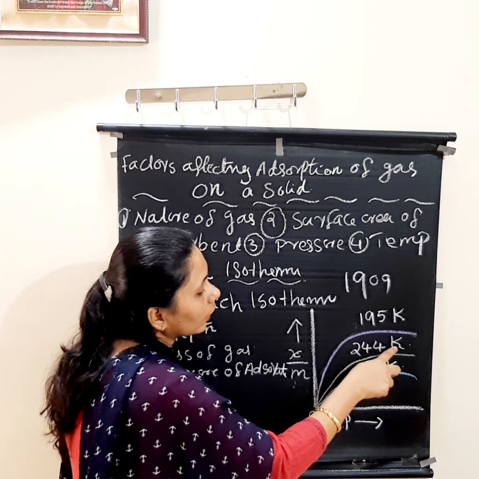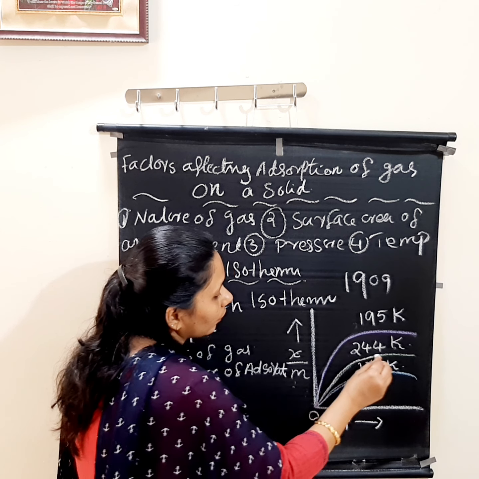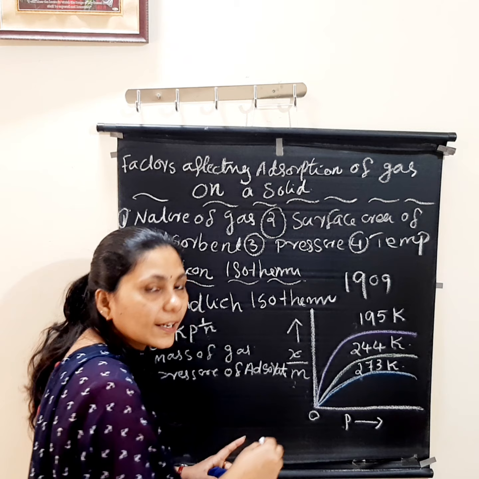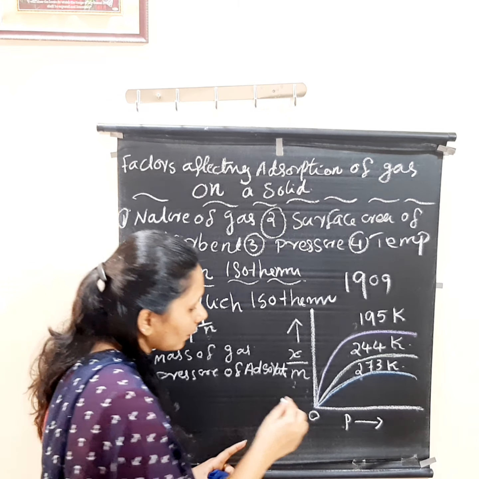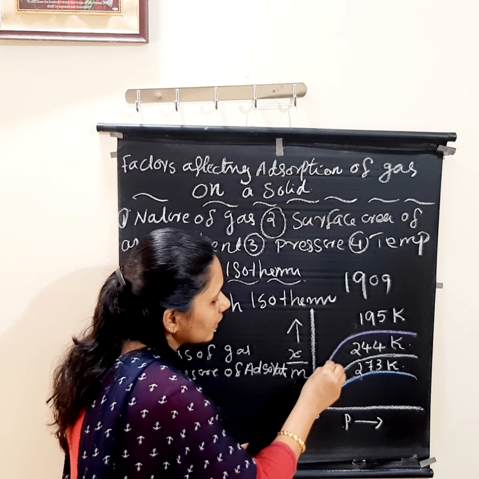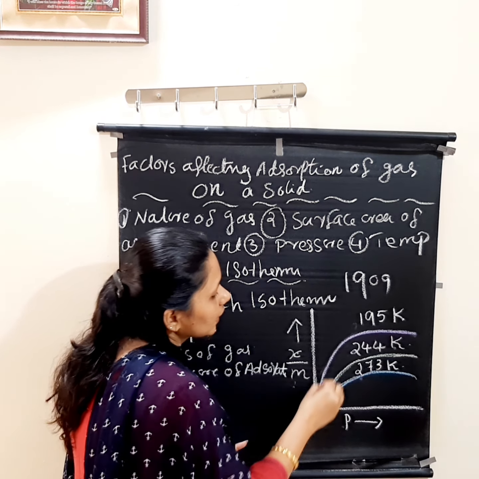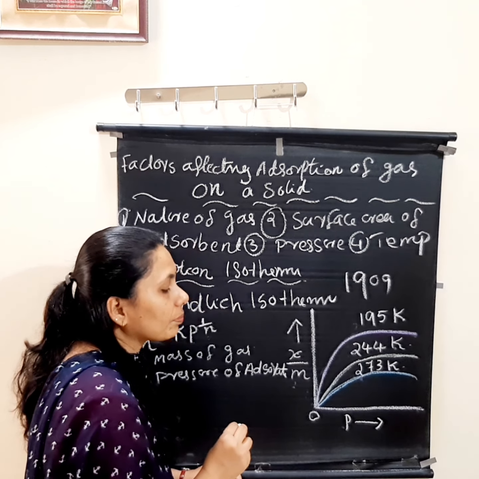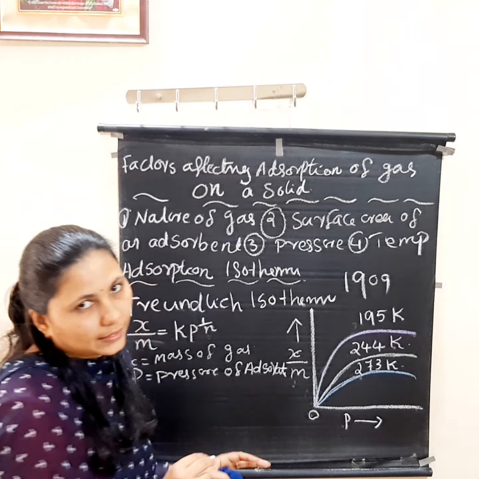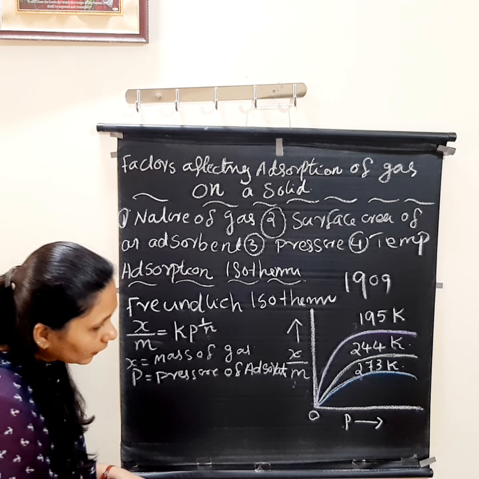Then 244 Kelvin, same thing: with increase in pressure, the curve is increased, that means adsorption is increased. Then next is 195 Kelvin, which also has the highest curve because the temperature is lowest. Here with increasing pressure, the adsorption is increased.